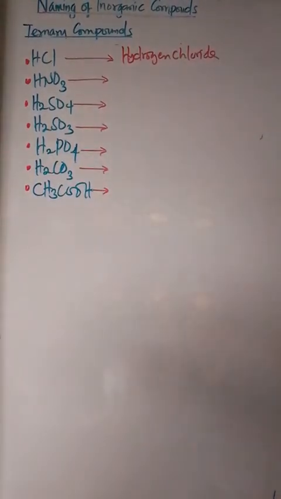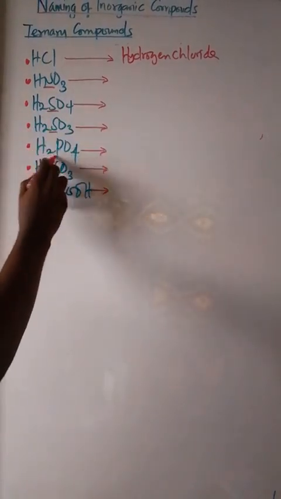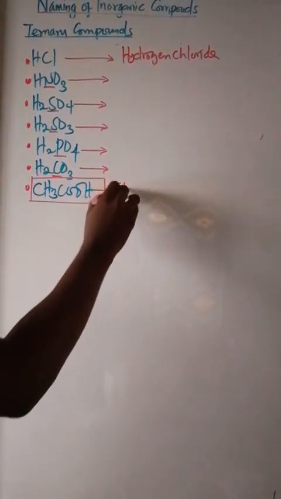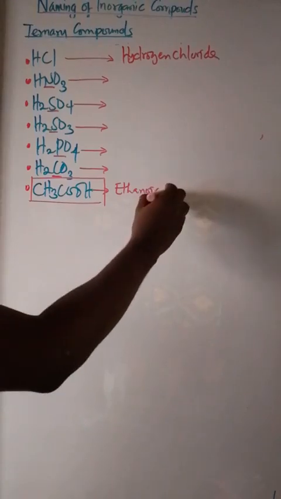But for this, same thing, we have to get the oxidation state of the element at the center. For this one, the name is ethanoic acid. And it is an organic compound, so it's not meant to be under inorganic compound. So when you get to naming of organic compounds, you do this, which is not for this level now.